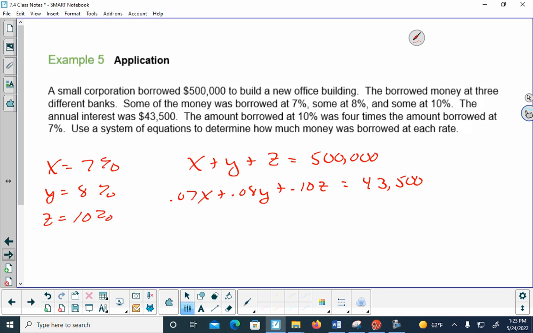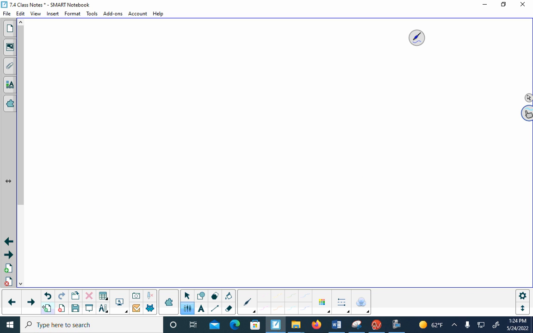So those 2 equations are very simple. The last one is the amount borrowed at 10%. So the amount borrowed at 10%, so z, was 4 times the amount borrowed at 7%. So this z is equal to 4 times the amount borrowed at 7%, 4x.